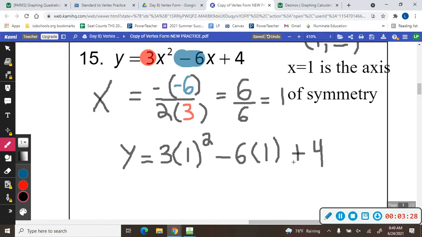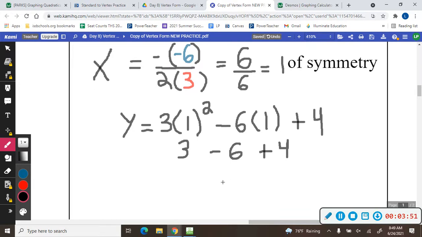From here, you could just type all that in your calculator, and it'll spit out something, but I could probably do this in my head. 1 squared is 1. 1 times 3 is 3. So this part becomes 3. 6 times 1 is 6, so that's minus 6, plus 4. 3 minus 6 is negative 3.